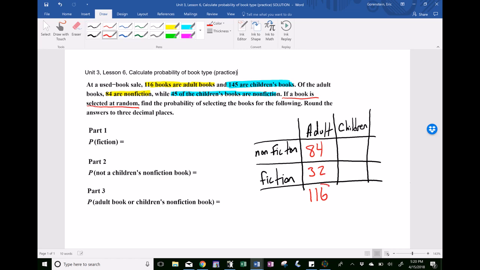So there's 116 total, split between nonfiction and fiction. For the children books, we have 145 total. 45 are nonfiction, which means there's another 100 fiction books for children.